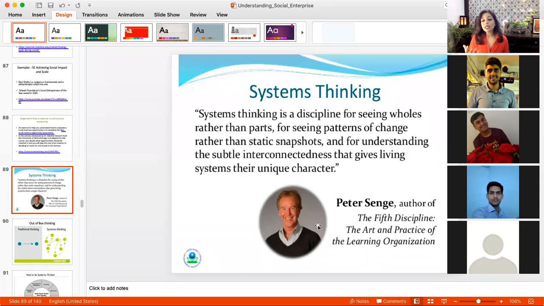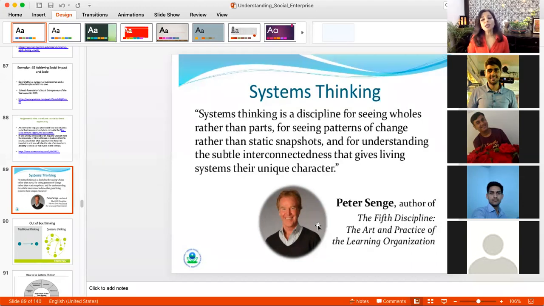It's a concept of seeing the whole rather than parts, and also of seeing the patterns of change, identifying those patterns in the systems rather than just thinking about static snapshots, and of understanding the subtle interconnections, interrelatedness, and interlinkages between the various parts which compose a whole. And that gives a unique character to the systems thinking process itself.